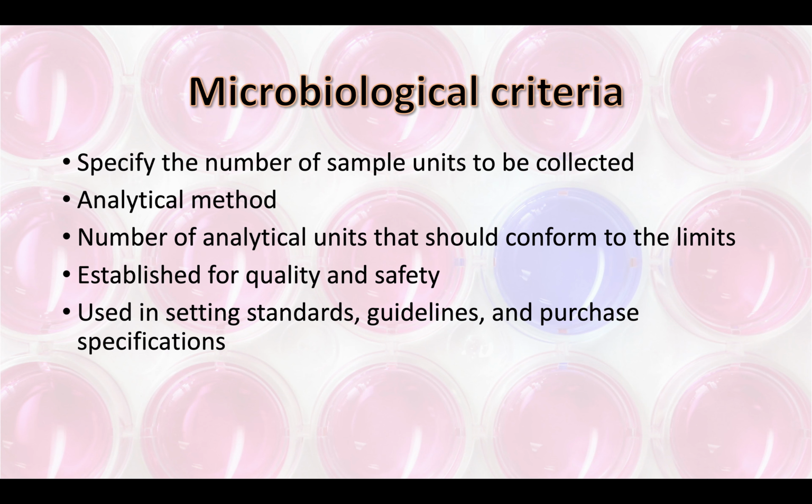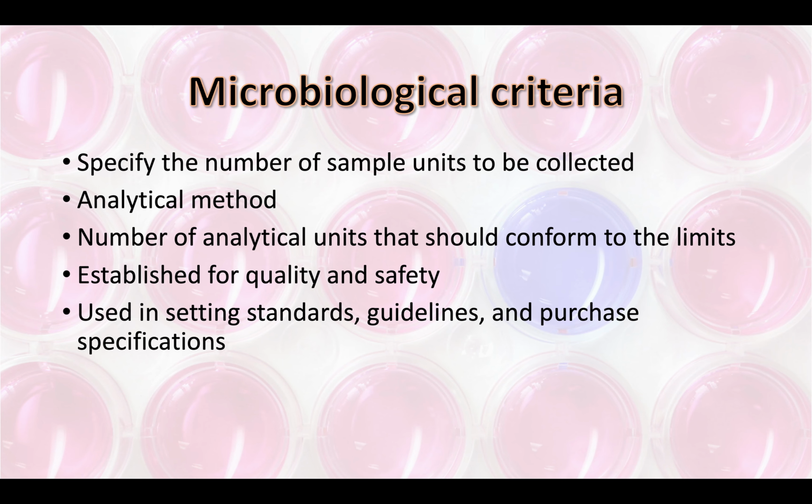For example, if you are using aerobic plate count to verify cleaning and sanitation for a food contact surface, you might set a threshold of less than 500 colony-forming units per mil as acceptable. You may also establish that 90% of your samples must conform to this limit.